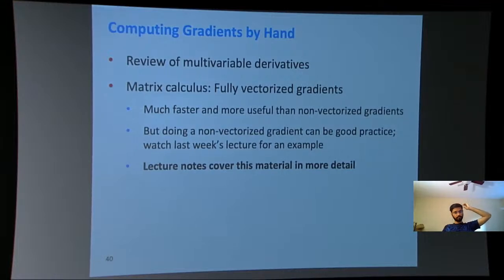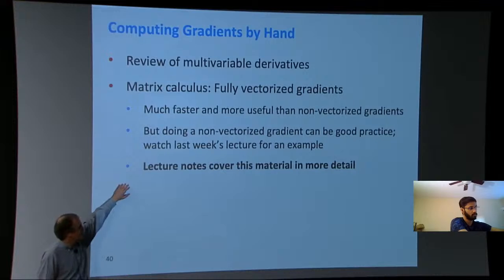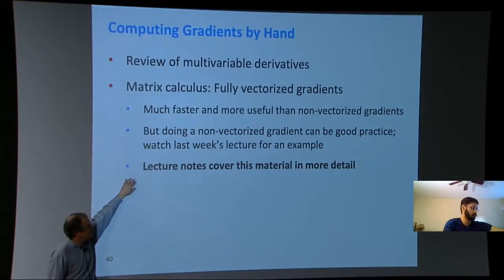If you're confused about what's going on, sometimes thinking it through in a non-vectorized way can be a better way to understand what's going on and make more progress. Like when last time I did the word2vec derivatives, when I was writing too small on that board, sorry, that was doing it in a non-vectorized way, working out the weights and talking about them individually. But here we're going to do it with vectors and matrices.